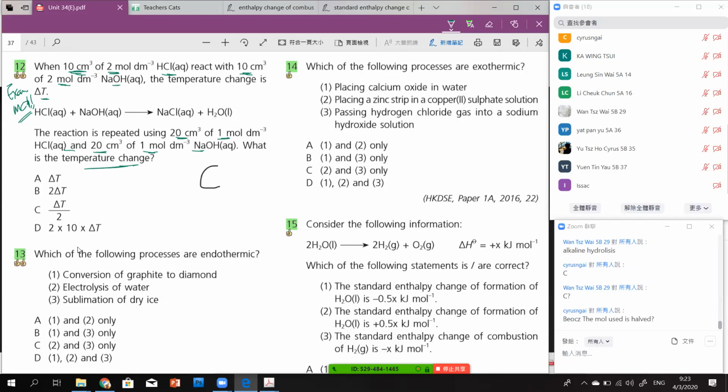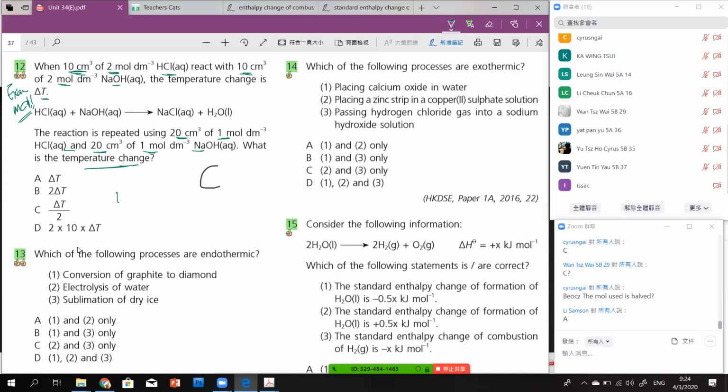You may find that confusing, and if you look at these two, you may find it very strange. Some of you say A. Some of you say C. What is the difference between the two? We have two cases.